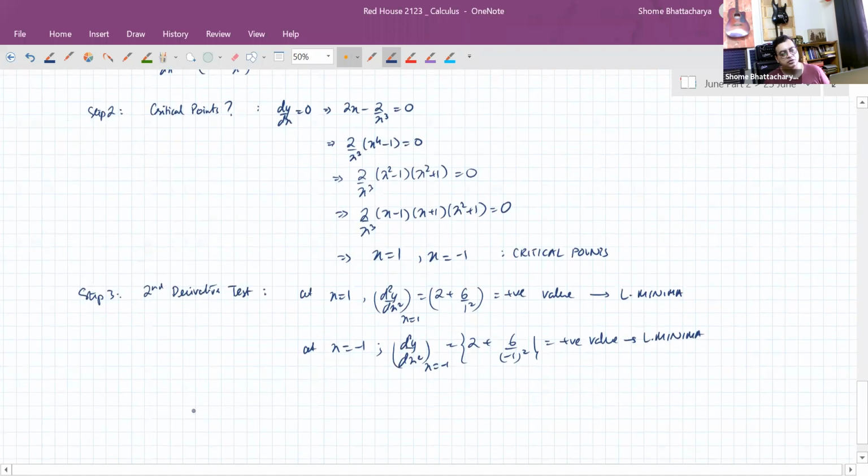So now we can see that the local minima at x equal to 1 is equal to the value of the function at x equal to 1.